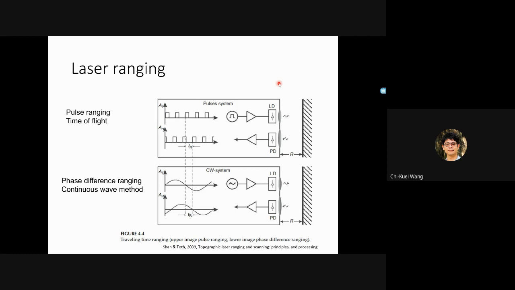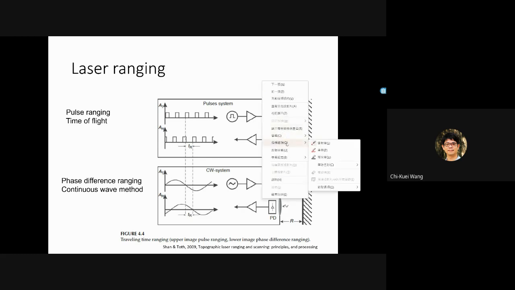There are two kinds of laser ranging techniques here. The first is pulse ranging, sometimes called time of flight. The second is phase difference ranging, sometimes called the continuous wave method. The figure on the right shows the setup of the system and its relation to the object.